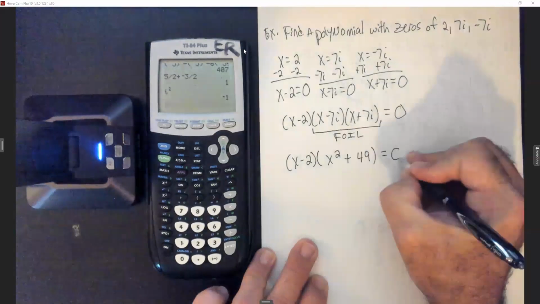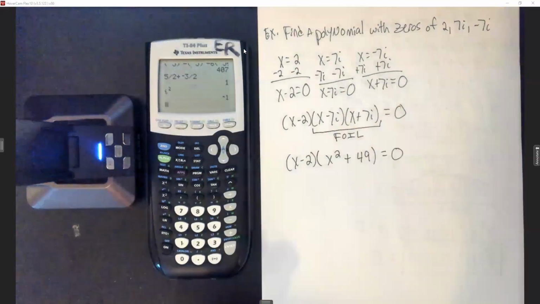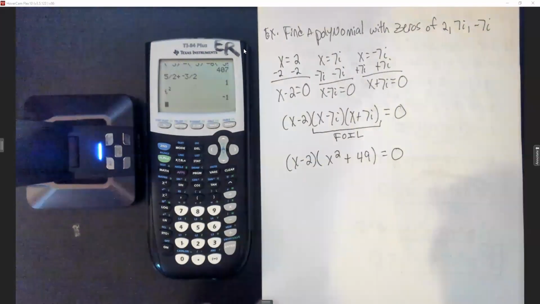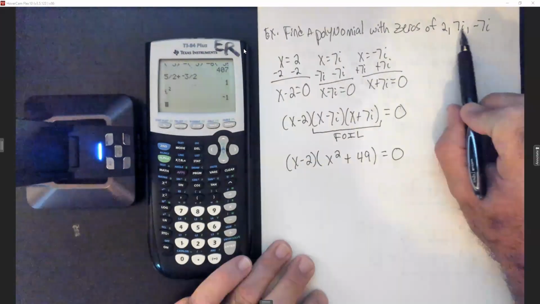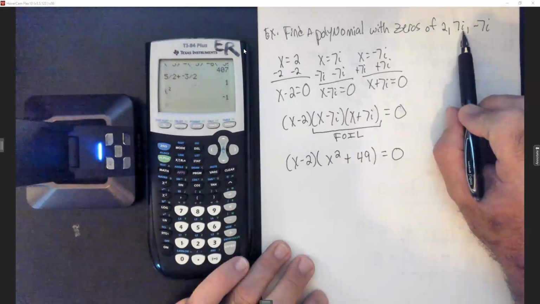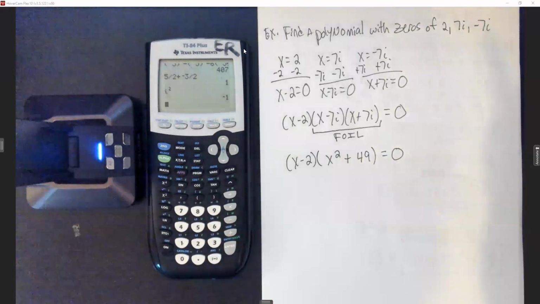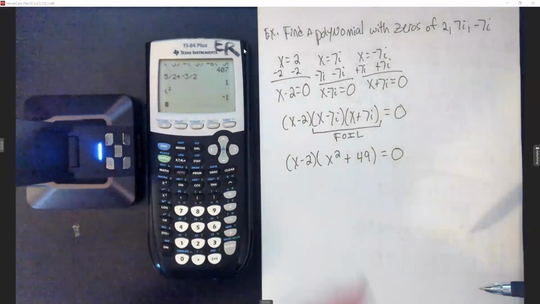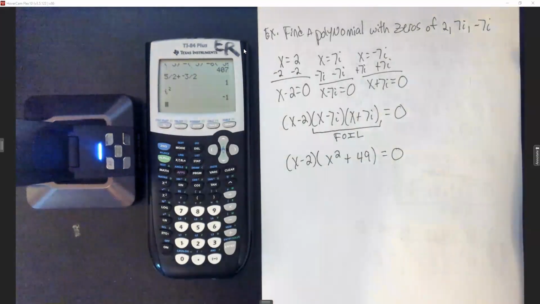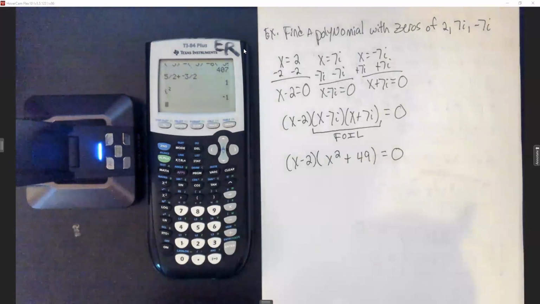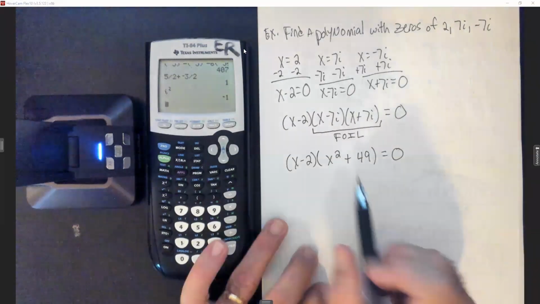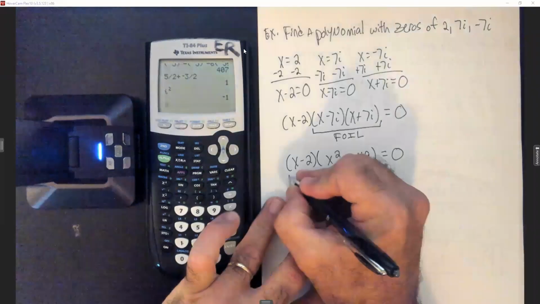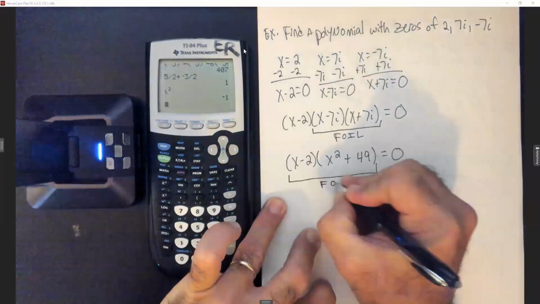And all that's still equal to 0. Now, I will tell y'all a trick. Since I got 3 zeros here, 2, 7i, -7i, the highest exponent I should end up with is a 3. Okay, so the number of zeros tells you what that degree should be. All right, so now the x minus 2 and the x squared plus 49, I'm going to foil again.